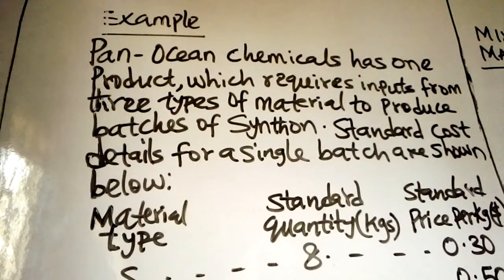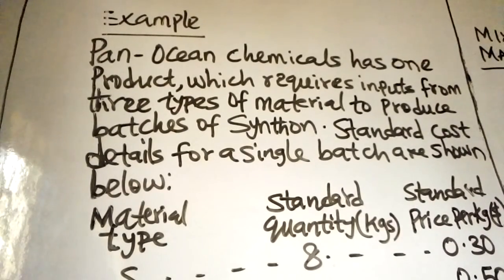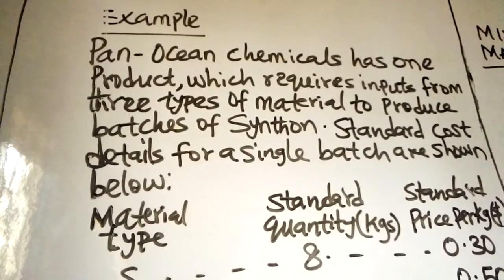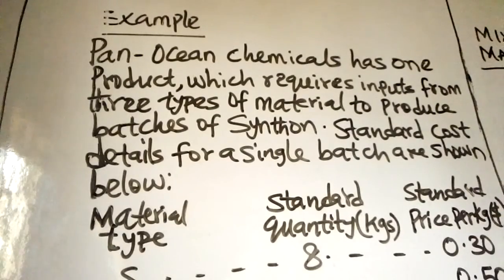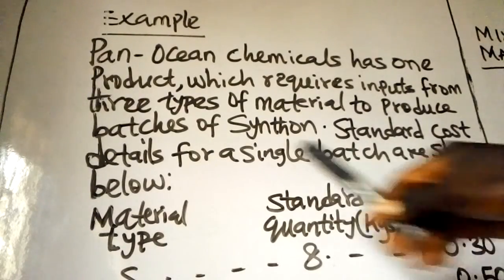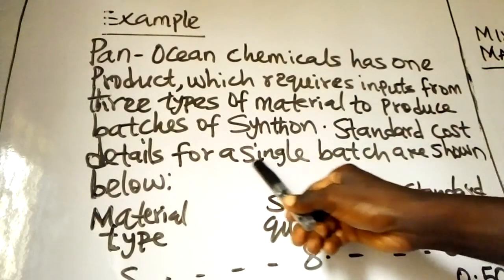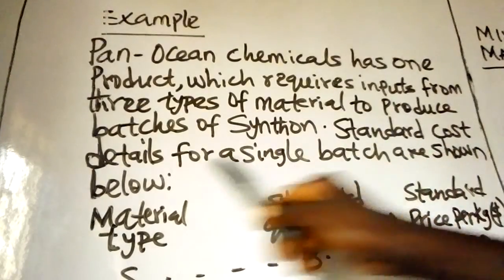Pan Ocean Chemicals has one product which requires inputs from 3 types of material to produce batches of synthene. Standard cost details for a single batch are shown below.